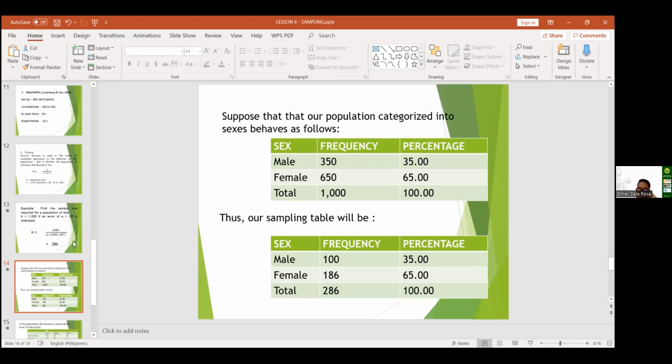So instead na 286 divided by 2, tig-143, equal na sana, hindi equal ang ginawa dito, kundi ginawang proportional. So it's 350 divided by 1,000, that's 35% of the 286 will give you 100 students that are male.